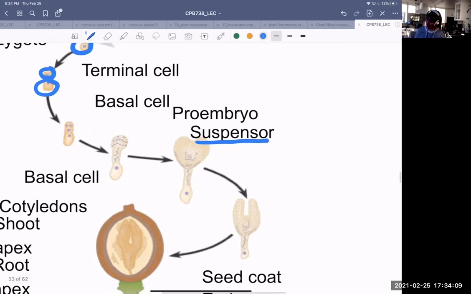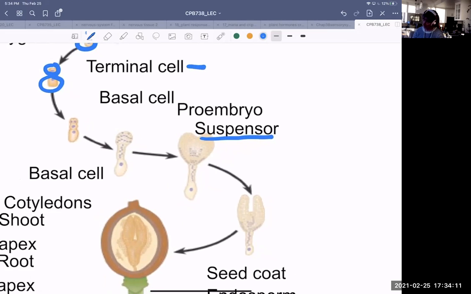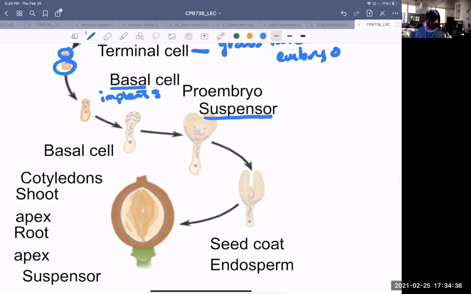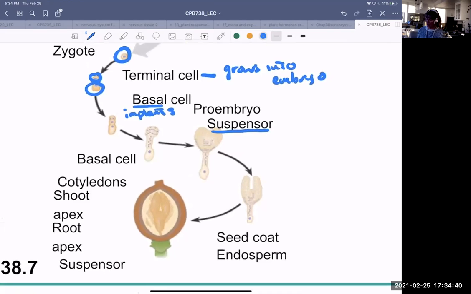So the terminal cell grows into embryo, and the basal cell implants. Yeah, or anchors. It anchors itself into the parent. And in that way, the nutrients can be transferred.